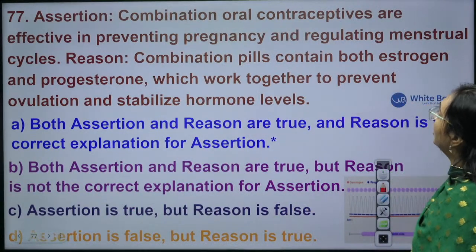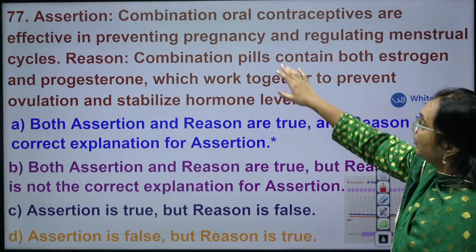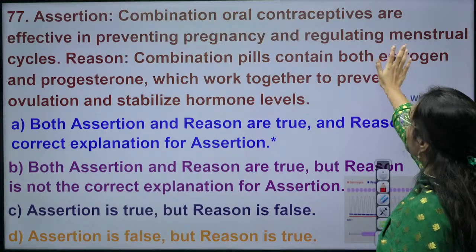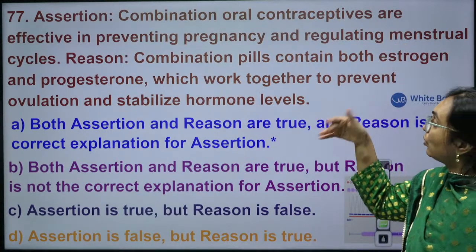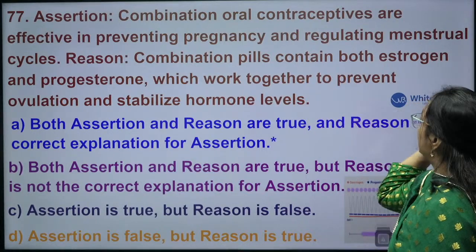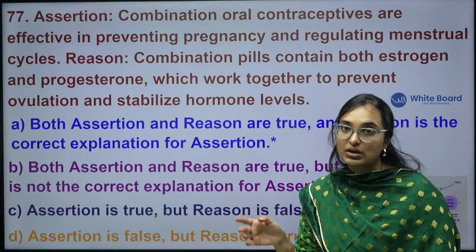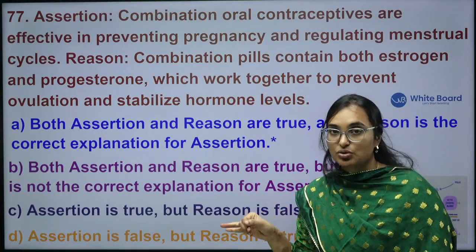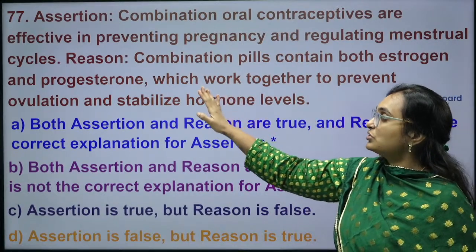Combination oral contraceptives are effective in preventing pregnancy and regulating menstrual cycles. Combination oral contraceptive pills means a combination of two hormones, mostly estrogen and progesterone.